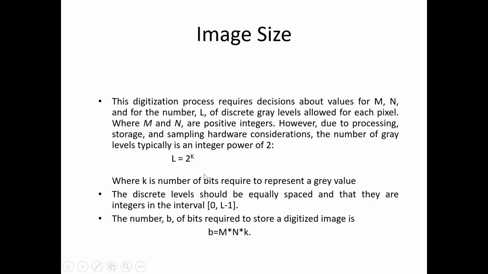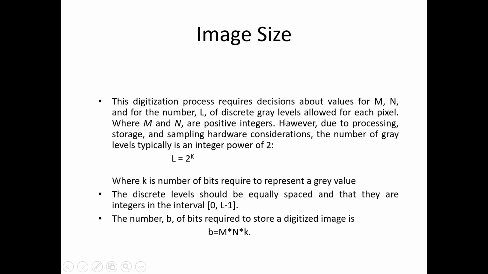Then the value of k is 8, so it should be 2^8. 2^8 is 256. So L is equal to 256. L is what? L is the discrete gray levels.